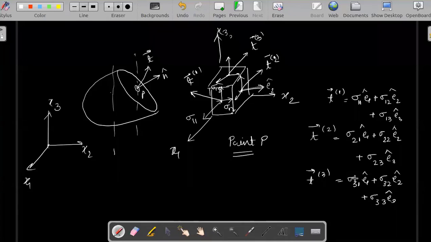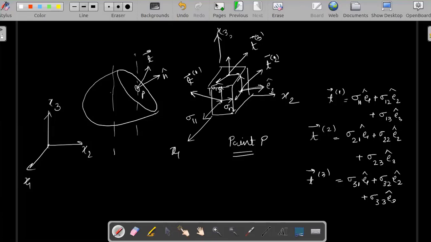So for that purpose, we are extending the concept of the traction vector. On each plane, we decompose into the normal component and the shear component. Further, the shear component can be decomposed into two in the x, y, z coordinate system, and we got these terms: sigma 11, sigma 12, sigma 13, sigma 21, and so on till sigma 33. Nine different components we obtain.